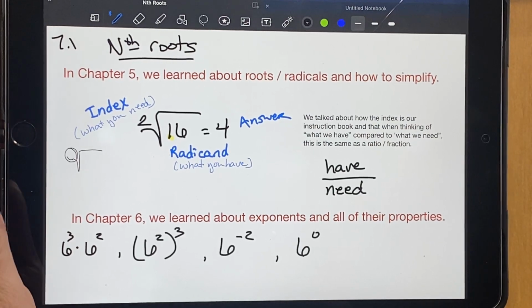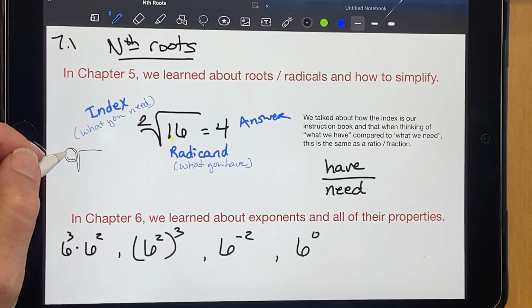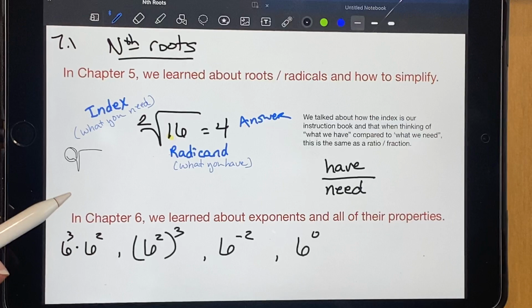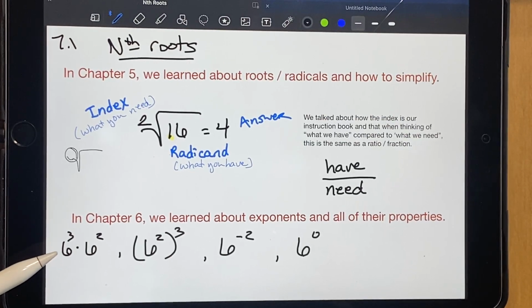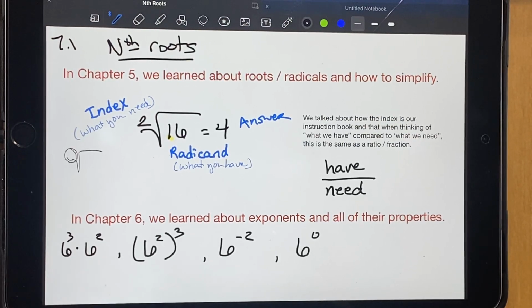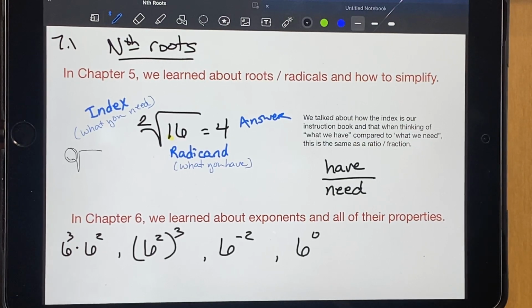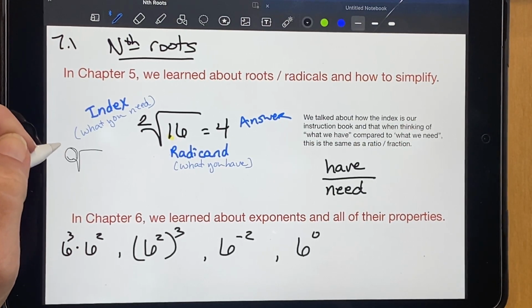So the only difference between chapter 7 and chapter 5 is they call it nth root. N in math just means some other number. It's the first letter of the word number. And so now it's any number.